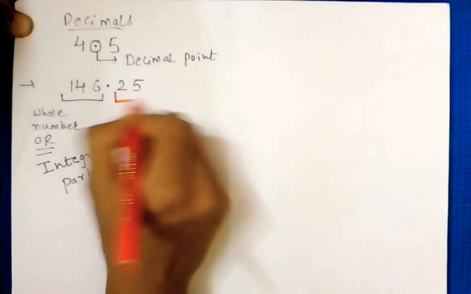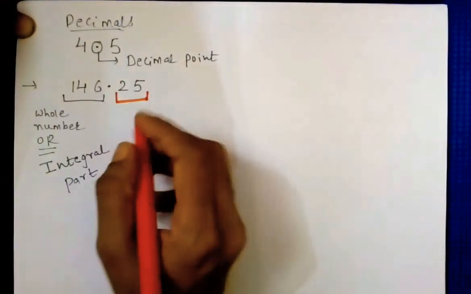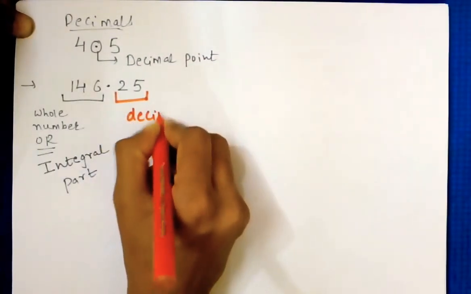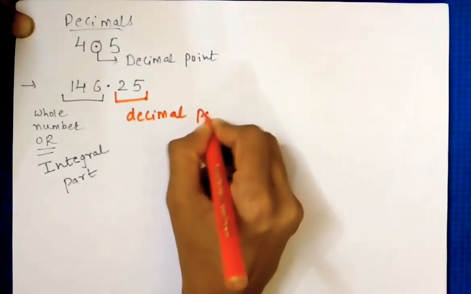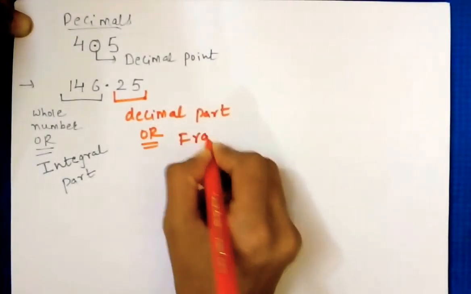And the part which is given after the decimal point is called the decimal part or fractional part.